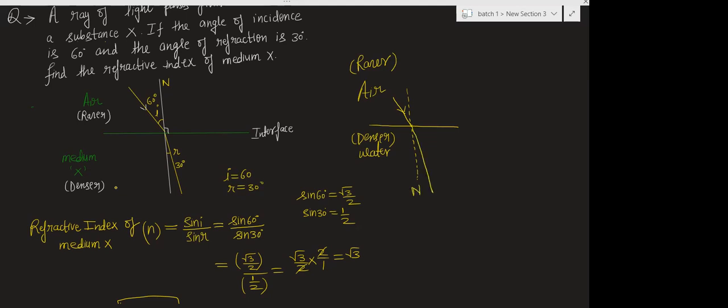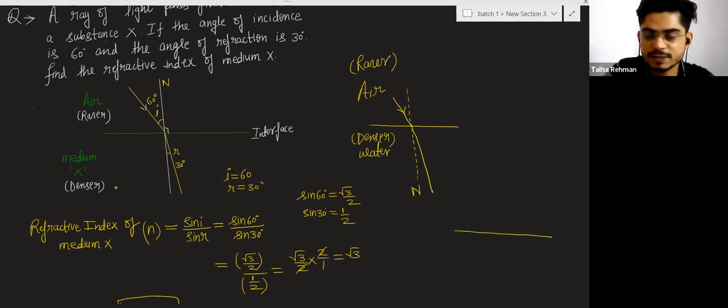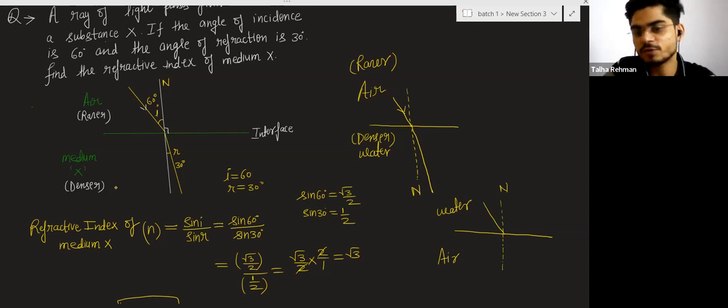And suppose here is a light ray, here is water, and here is air, and the light ray is traveling from water to air. Always draw the normal first and then decide whether it will go towards or away from the normal.